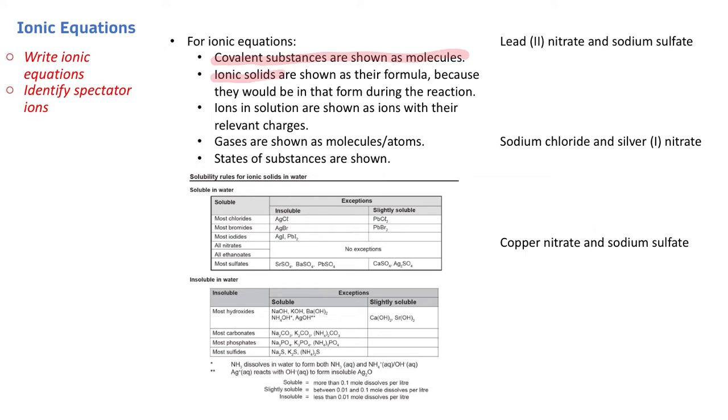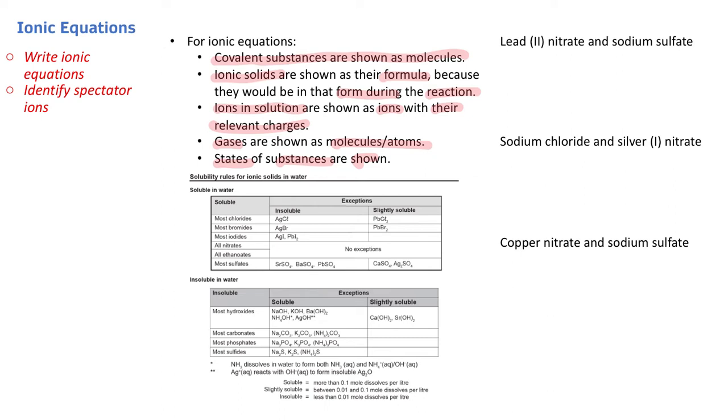Ionic solids are shown as their formula because that's the form during the reaction, whereas ions in solution are shown as ions with their relevant charges. Gases are shown as molecules or atoms, and states of substances are shown as well. In this case, we're going to assume that all of the examples we go through are solutions.